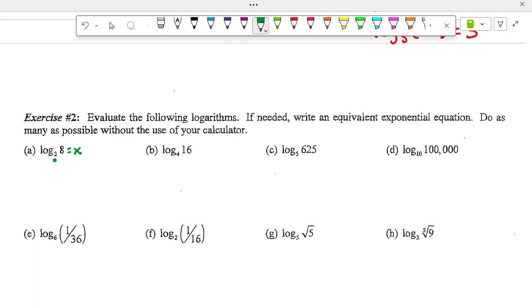Nope. X. Then the equal sign, then the 8. So if I write it in order, I have 2 raised to the x power is equal to 8. So in other words, this is asking 2 to the what power is equal to 8. So what do you think it would be? 3.